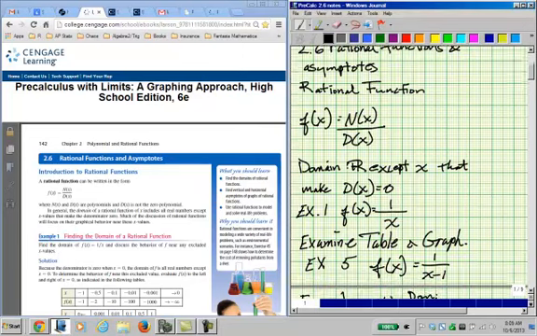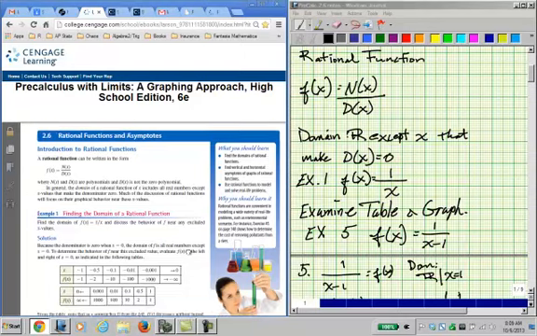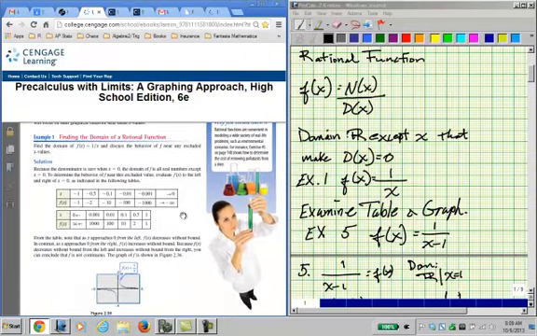They start off with example 1, f of x equals 1 over x. We want to examine the table and the graph, and we do that here. Here's the table. You can see what's happening. As x approaches 0 from the negative side, y is approaching negative infinity.